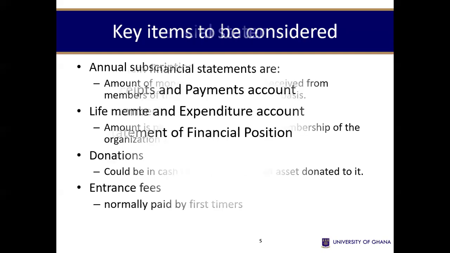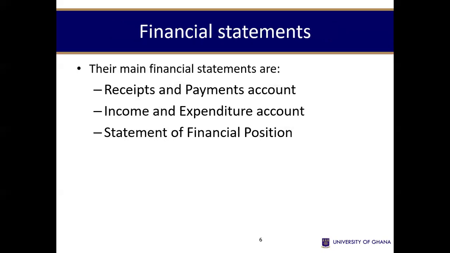Okay. Now, when we go to the financial statements of a non-profit organization, these three stand out. We have the receipt and payment account, which works like the cash book for the non-profit organization. And then we have the income and expenditure account, which will show all incomes received and all expenditure that the non-profit organization has incurred.